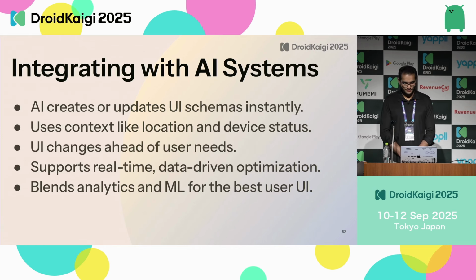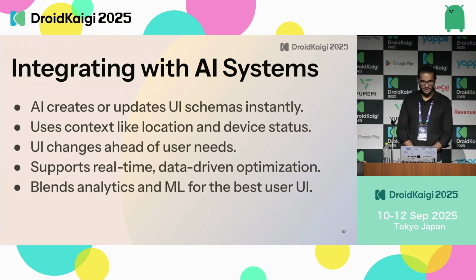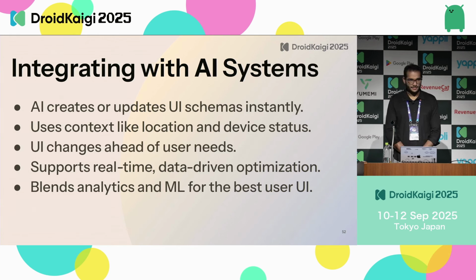Another example, if the user is a teenage girl, the UI can be more glittery and shiny. Again, it depends on what they like. These are very basic examples. But if we plug AI into SDUI, then the sky is the limit.